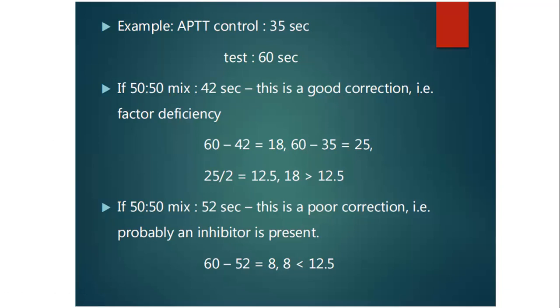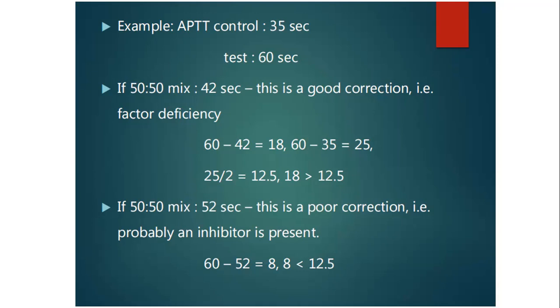So if there is a prolonged APTT, the next thing that we need to do is to determine what has caused the prolonged APTT. What is the reason? Is the reason a factor deficiency, or is the reason the existence of a specific inhibitor?